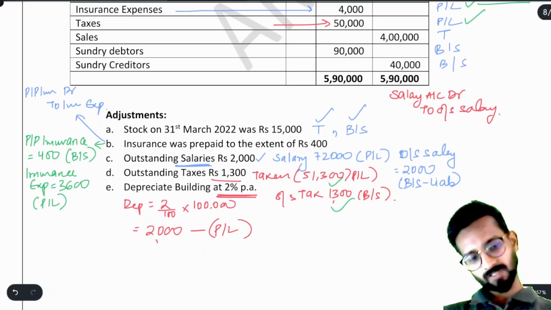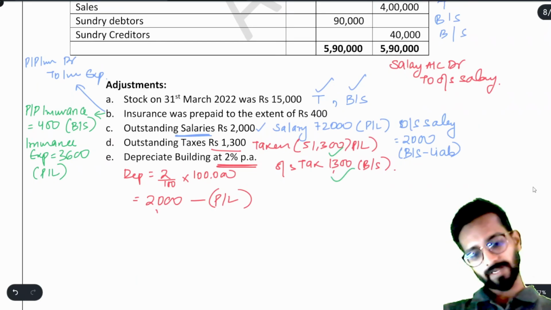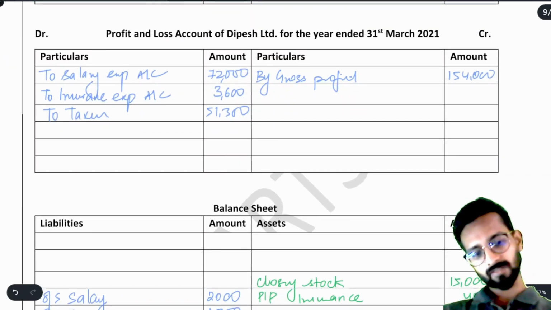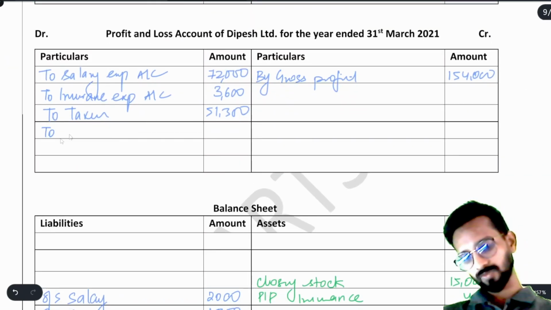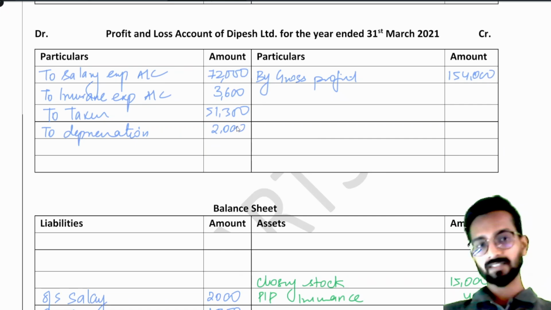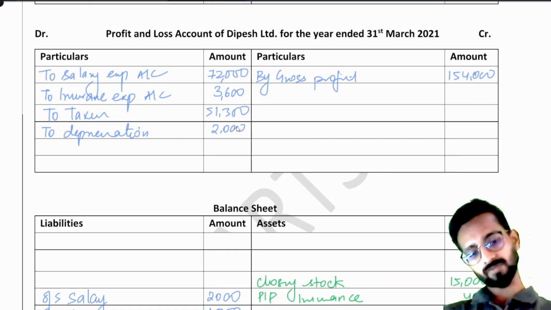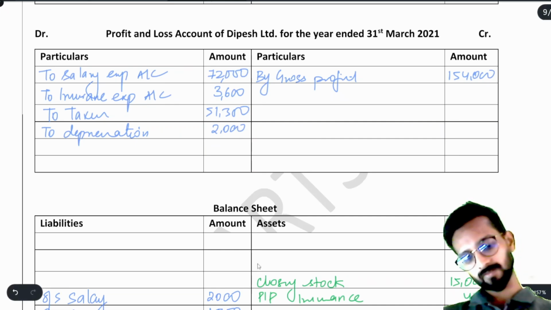Sir, we have depreciation, no? Yeah, correct. So depreciation is 2,000 rupees and from building we will remove that. So to depreciation 2,000. Please write all the adjustments as your working note. Now depreciation is 2,000 and then I will write here building.